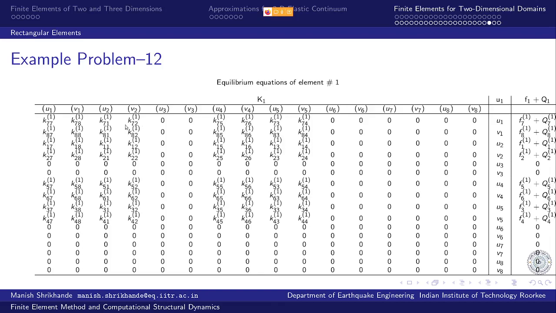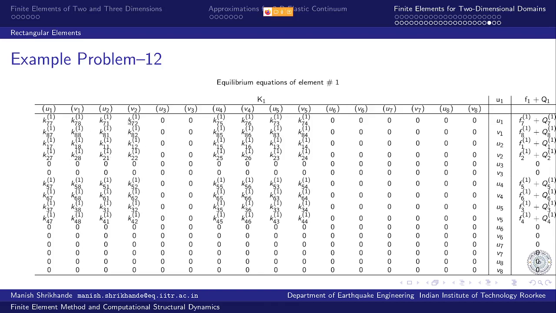So cross-reference terms. So 1 and 2, ith positions, and U1 V1 and U2 V2. So this is 1 1, 1 2, 2 1, 2 2. So this is the ith position, and these are the cross terms corresponding to I and L, the interacting terms between the I degree of freedom and the L degree of freedom in the element equation.